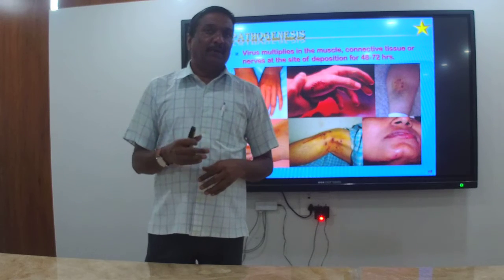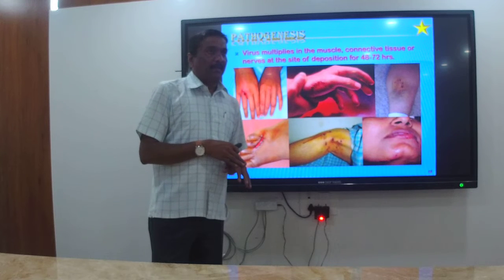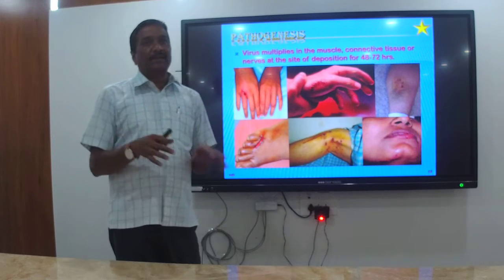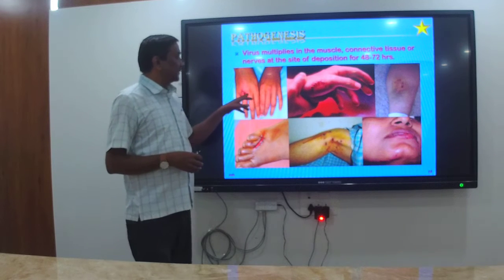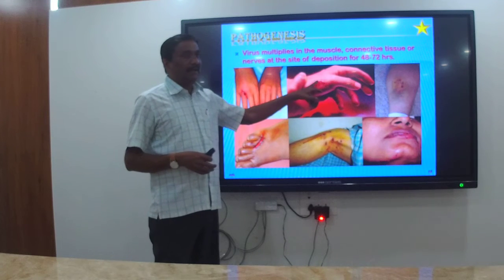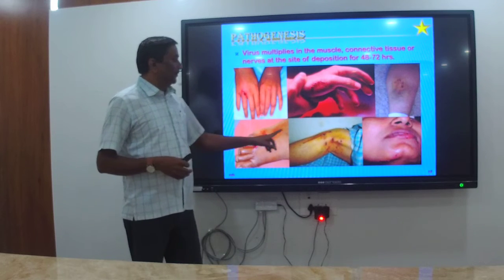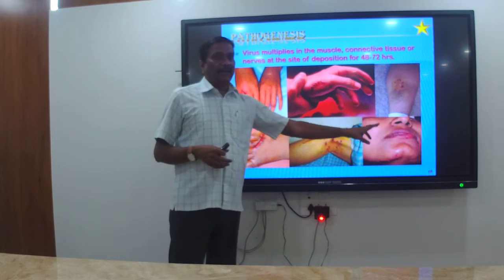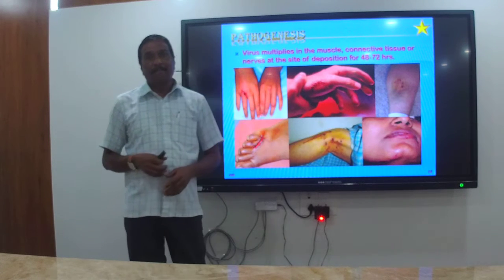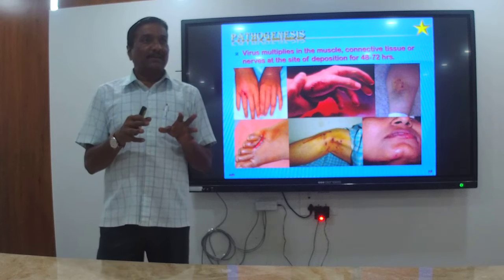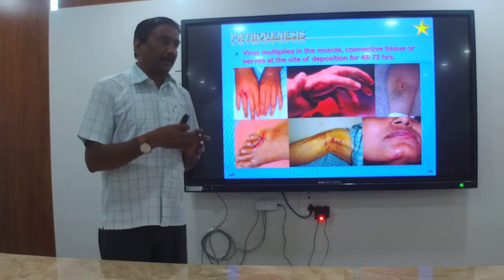Now, this is how it is transmitted. The rabid animal usually bites at particular sites of the human being, and mostly the extremities are exposed to dog bites, particularly the hands and the foot. Very rarely it may bite even the face, neck and back. So these are the common sites where the rabid animal attacks a human being.